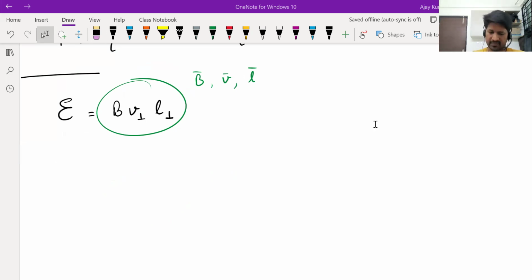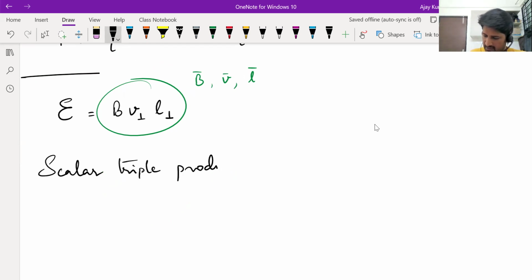Listen, there's something called the triple product, the scalar triple product. Triple product means three vectors will be multiplied. Scalar triple product means the answer will be a scalar.